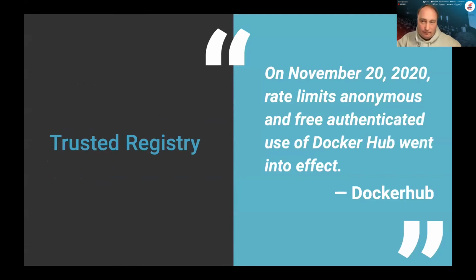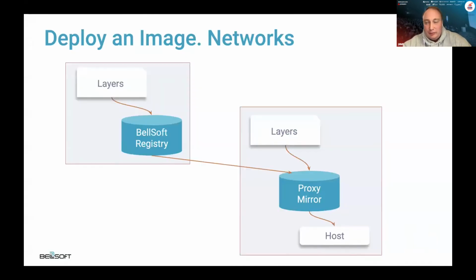All right. What about public registries? Public registries are good because they're public, and sometimes and up to some point they are free, but after that point they are not. You face limits, and in this case it's good to have a trusted registry, which also helps you to validate what artifacts you are getting from the outside.